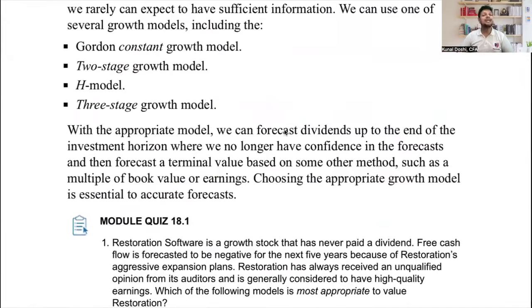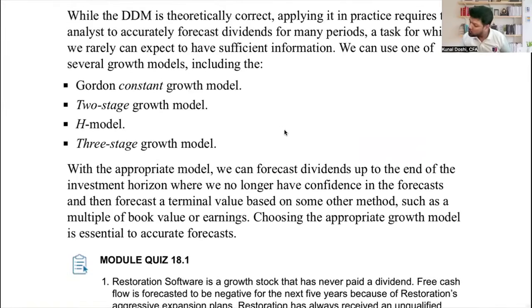Here we assume that the companies pay dividends or are able to forecast the future dividend, right? And they're going to consistently pay the dividend. In fact, these dividends are going to increase at a specific growth rate. That is why we call them growth models.